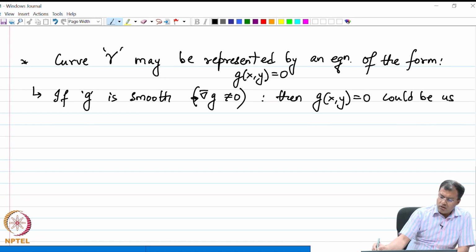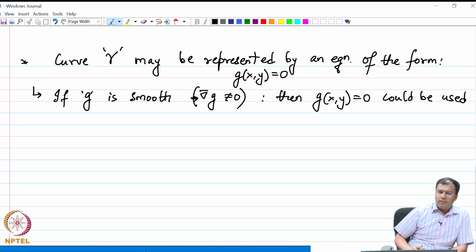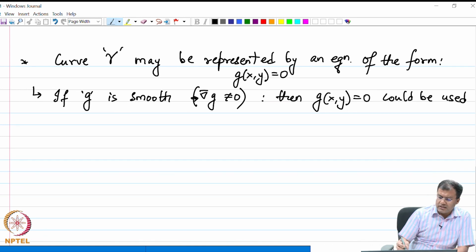So, the idea is, it seems that my constraint problem can be reduced to an unconstrained problem through the use of the constraint g of x comma y, and I am just writing some of these steps, but the question is, is it really true? Can we really represent or change the constraint problem into an unconstrained problem without suffering any setbacks? So, this question is something that we will answer over the course of time.